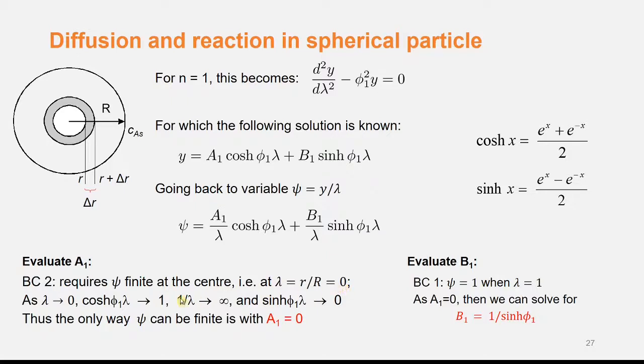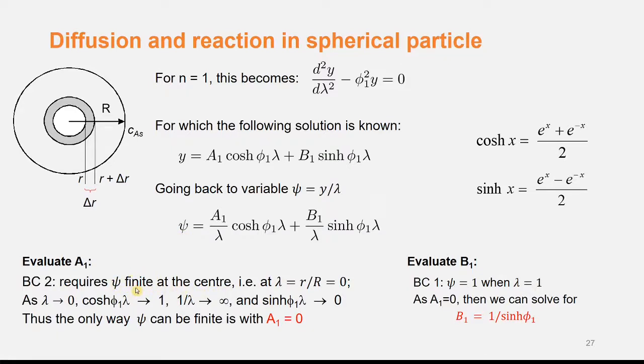At lambda equal to 0, cosh of phi 1 lambda is equal to 1, and sinh of phi 1 lambda is equal to 0. So our solution at lambda equal to 0 is a1 over lambda. So if a1 is finite, then psi is infinite, which contradicts our boundary condition.